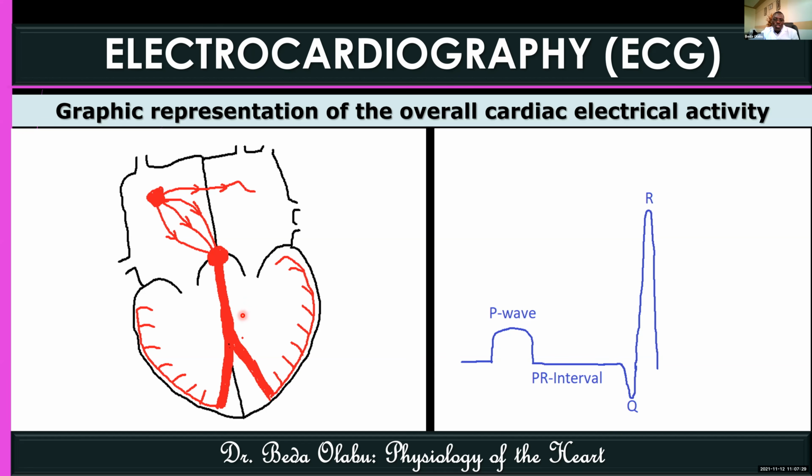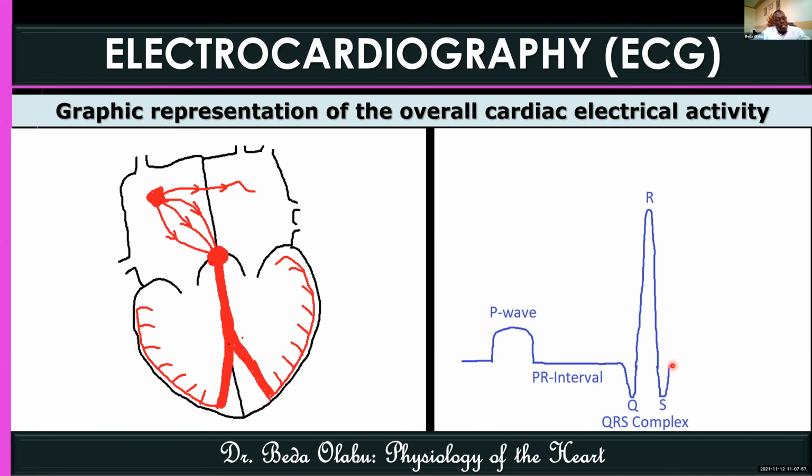So it's moving towards the right, and that will give you another negative wave, which we call the S wave. The S wave represents depolarization of the rest of the ventricular musculature after the Purkinje fibers. Now, this period from there up to there is known as the QRS complex.